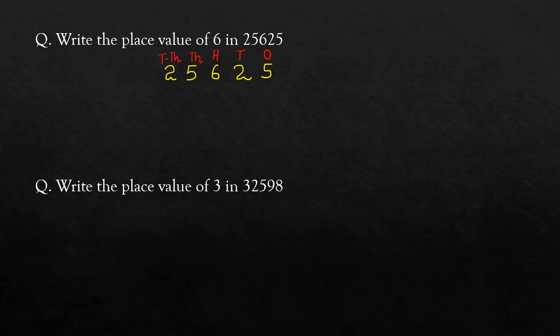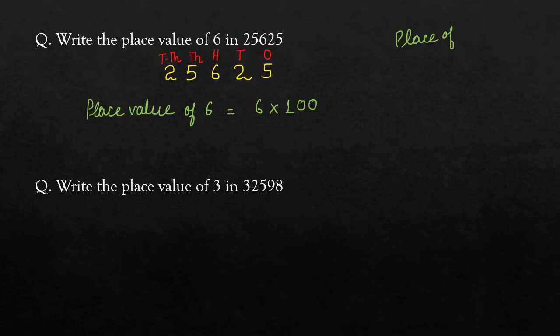Therefore, place value of 6 here is 6 multiplied by 100. Keep in mind, if place of 6 is asked, then place of 6 is 100. It is at hundreds place.